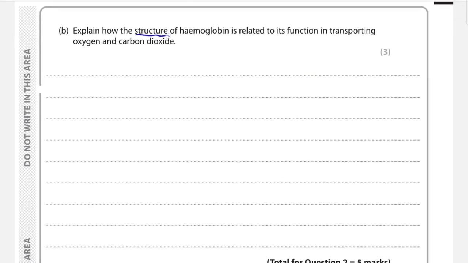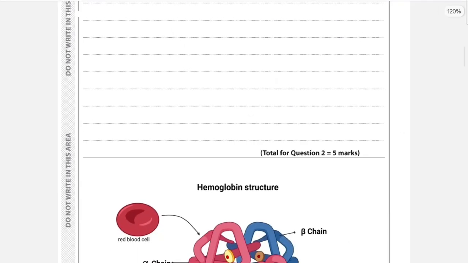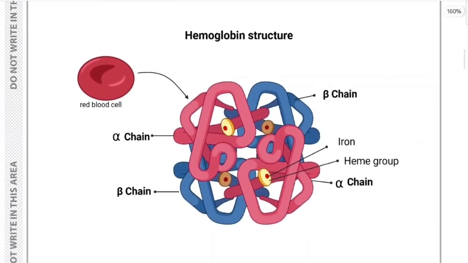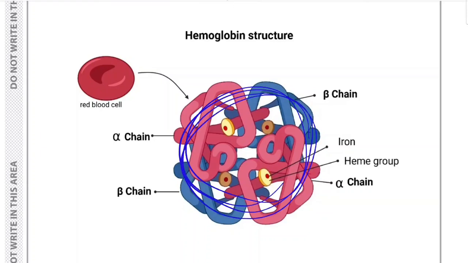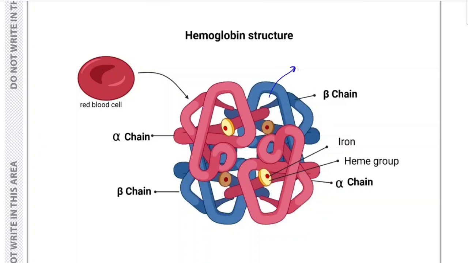Explain how the structure of hemoglobin is related to its function in transporting oxygen and carbon dioxide. Well, first of all, hemoglobin is a quaternary structure protein, which is also globular in shape. Let's take a look at its structure. This is the hemoglobin. It's overall globular, having this ball shape, which makes it soluble in water.